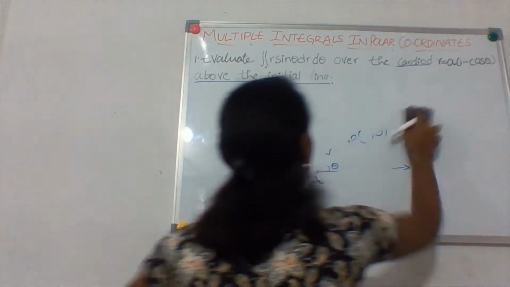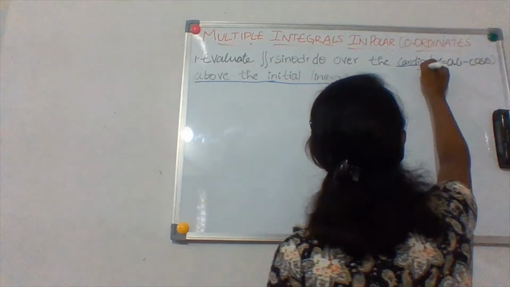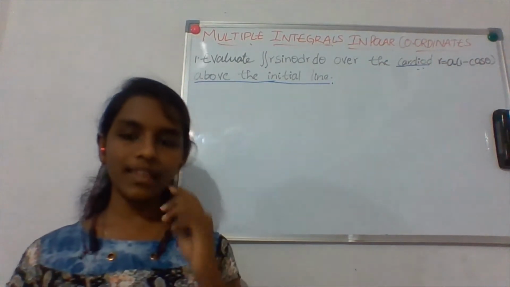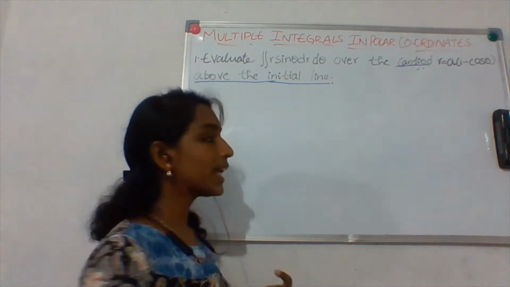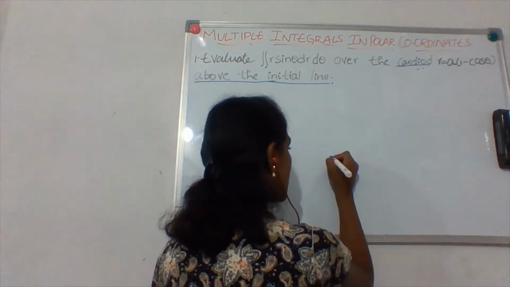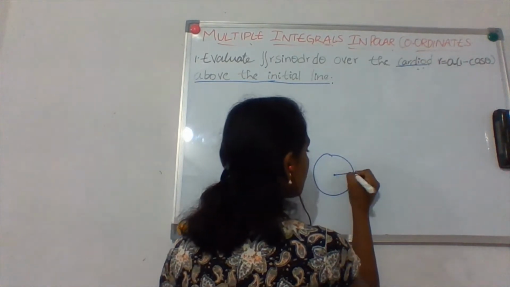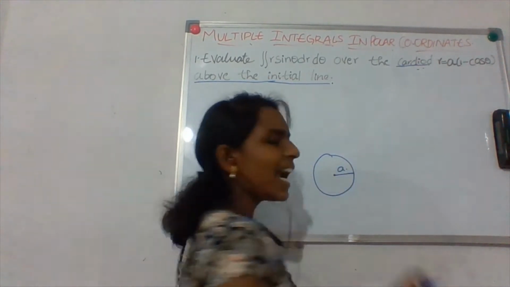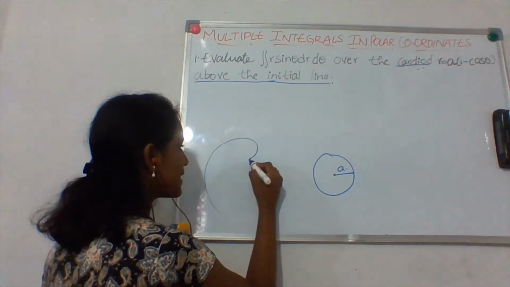Now let's talk about the second point. What is a cardioid? That is a new term that we have heard now. A cardioid is drawn by taking a circle of radius A. A cardioid looks like an apple shape, something like this.